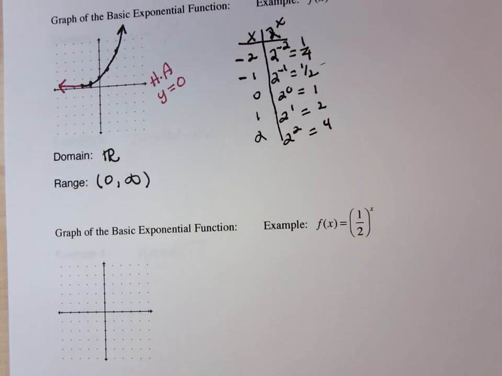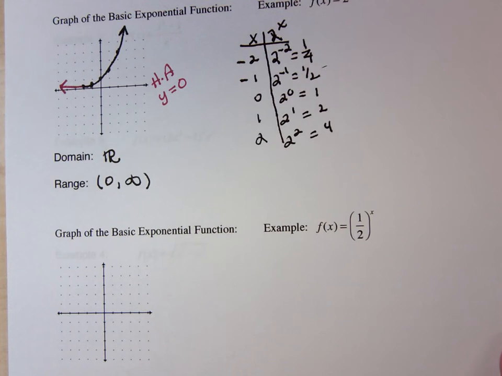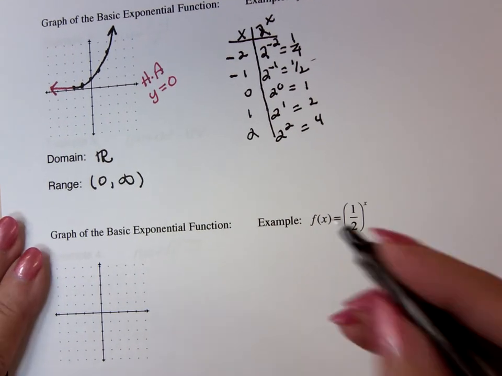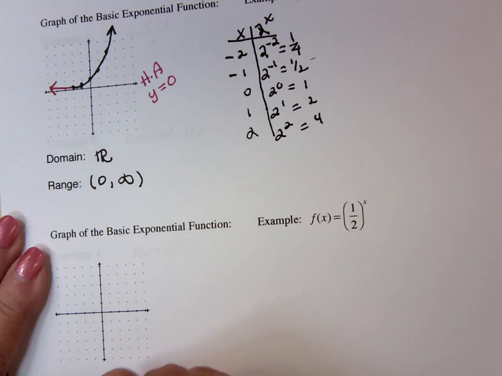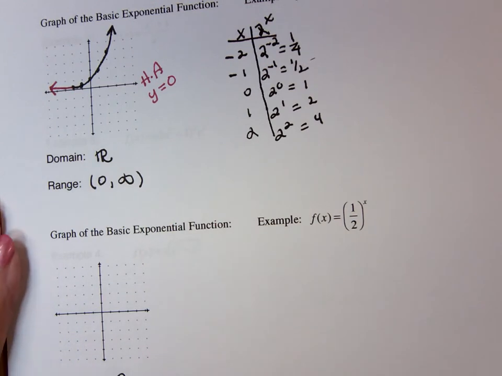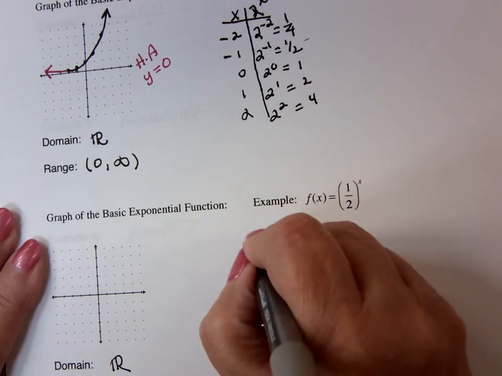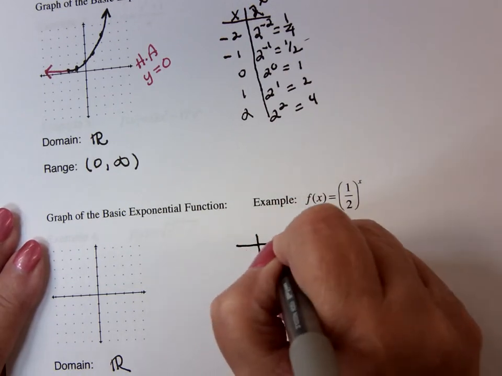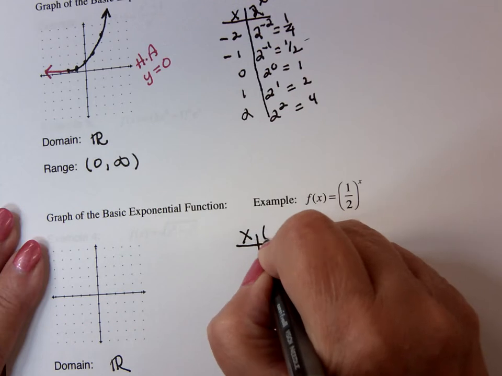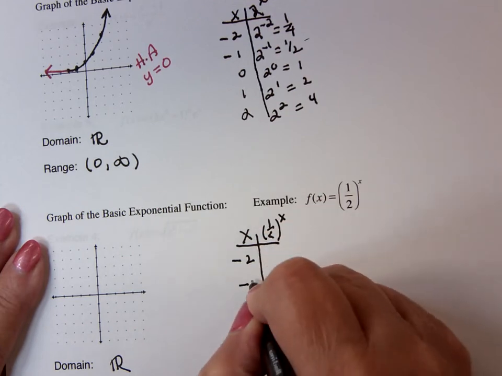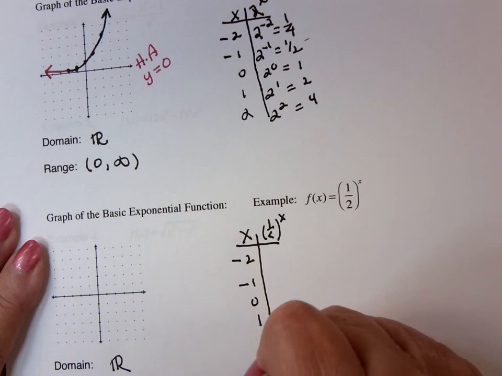Now, if I look at trying to deal with f of x is equal to 1/2 to the x, the base is now 1/2. So again, the domain is all real numbers, so that's going to be easy enough. So if I do my T-bar chart, so -2, -1, 0, 1, and 2.